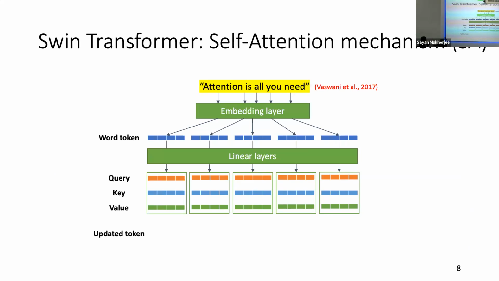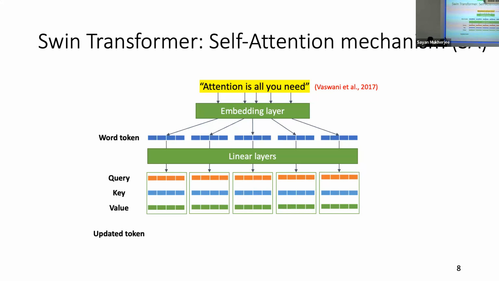Here is the key mechanism for the Swin Transformer, which is named the self-attention mechanism. It is proposed in this renowned paper, Attention Is All You Need. In this paper, given the sentence, attention is all you need, the five words are converted to five 1D vectors through an embedding layer. And these 1D vectors are named word tokens.